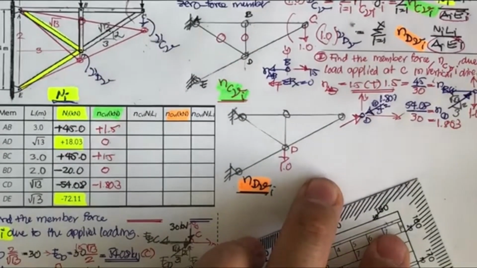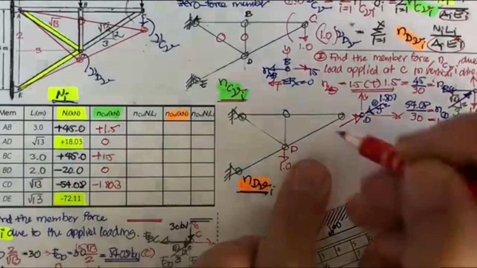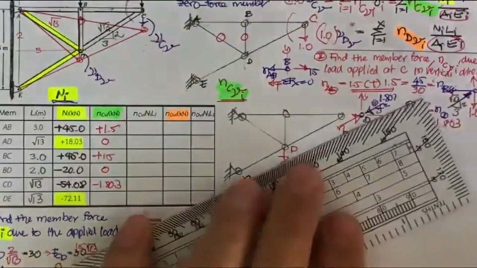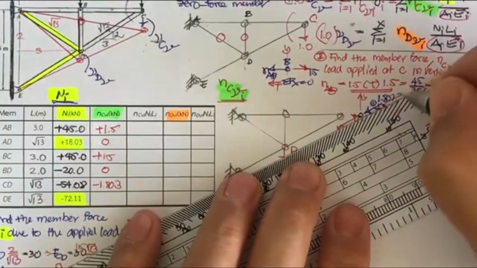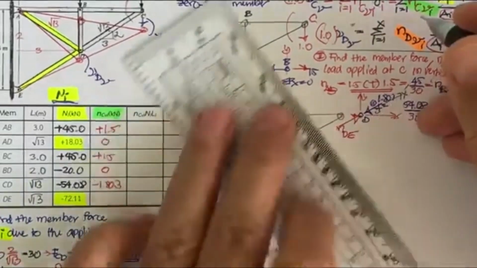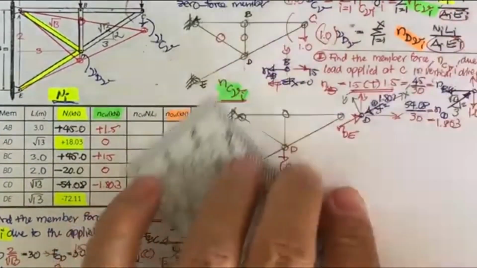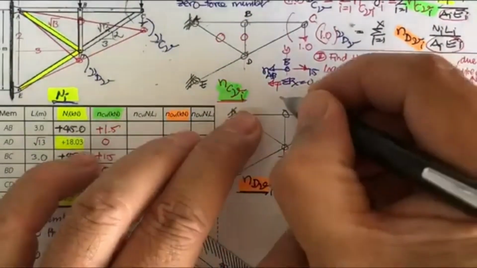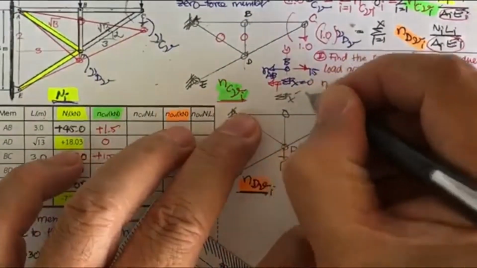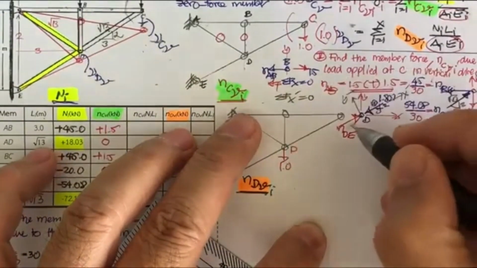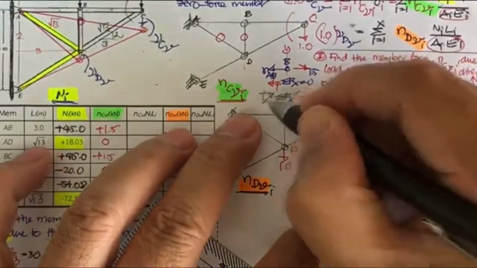And the best way to do this is with the N sub DE. You're going to push this one as the X prime. And then you put this one as the Y prime. Okay, and then for summation of forces in X prime equal to 0, just put this one up.